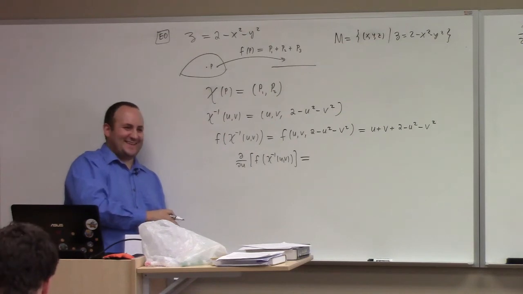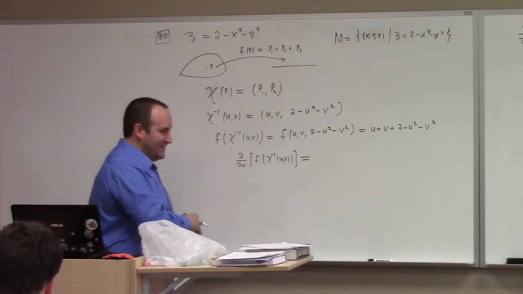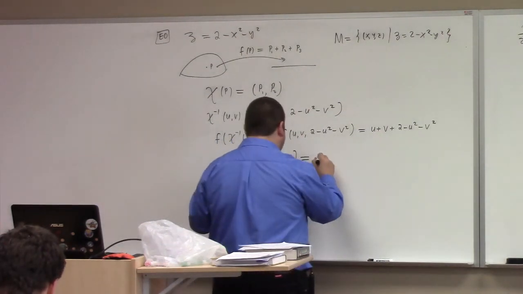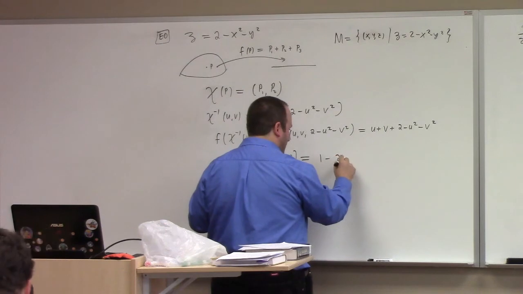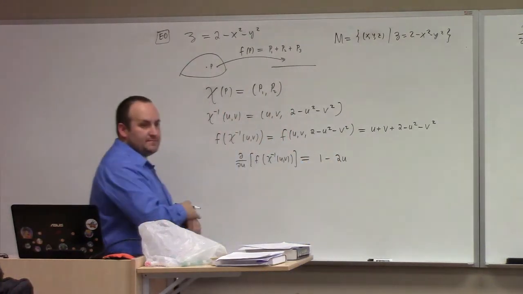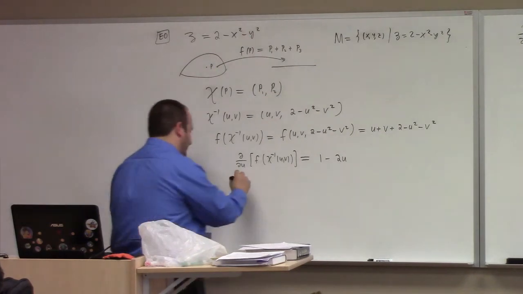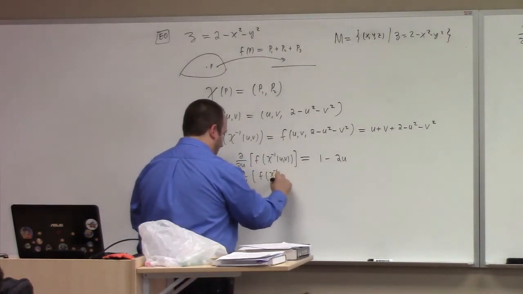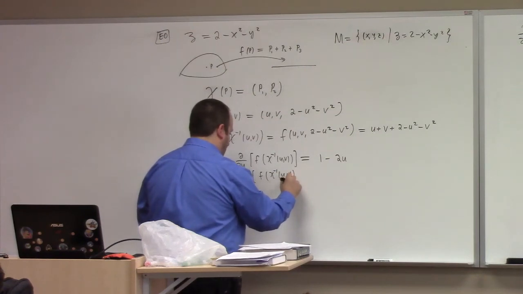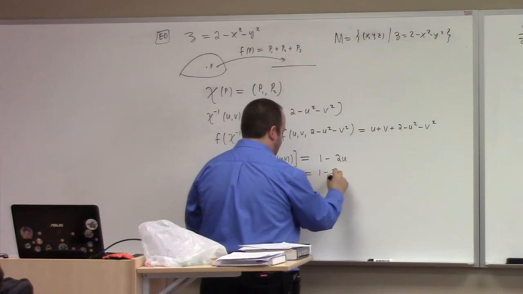So it's 1 minus 2u. And partial v of this would be 1 minus 2v.